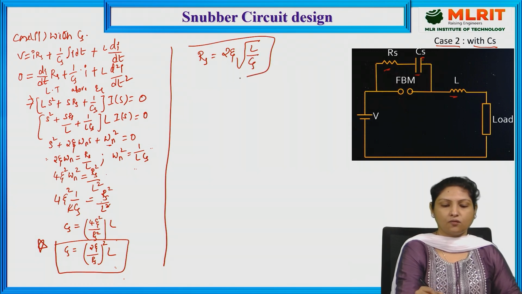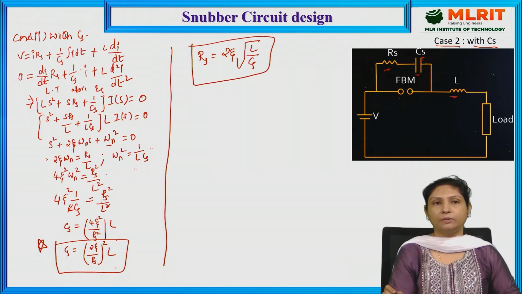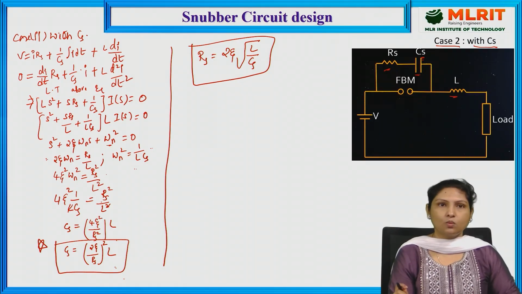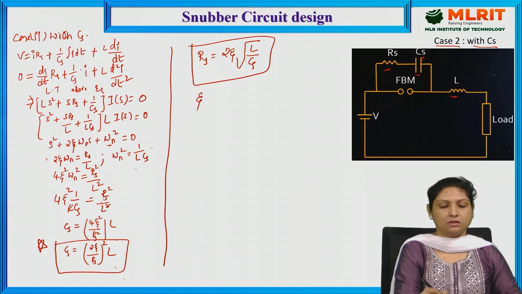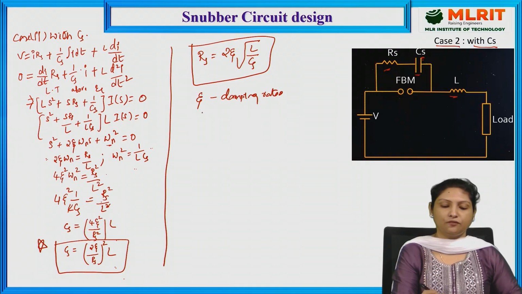There is another formula to obtain the value of the resistance which is to be connected in the circuit. And then what is this zeta? Zeta is nothing but the damping ratio, and its value ranges from 0.5 to 1.